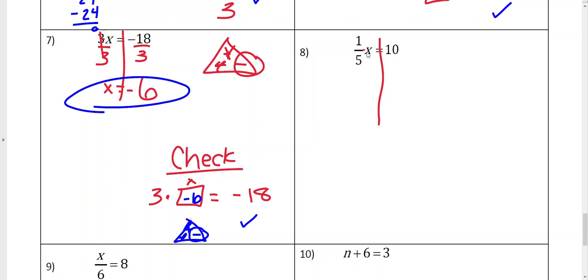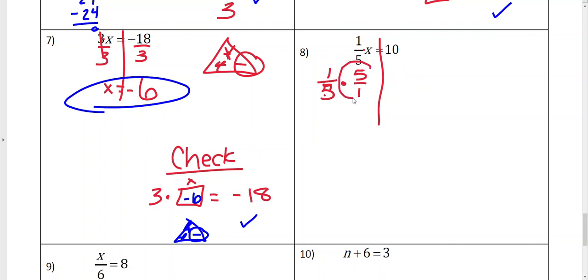Because this right here shows multiplication, and to undo multiplication you have to do division, and to do division with fractions you do keep, switch, flip. So we're going to do keep, switch to multiply, and then we're going to flip it over.